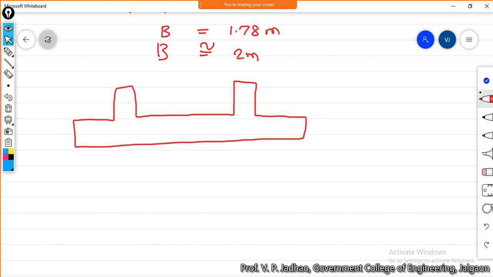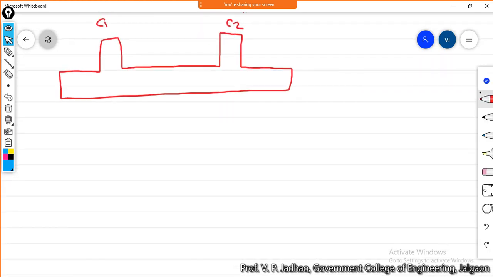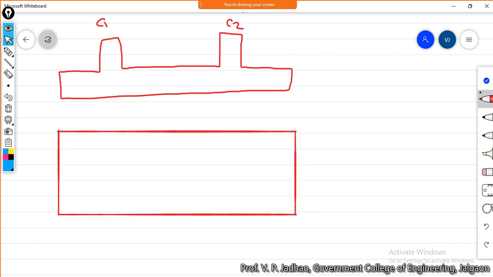So this is our C1, this is our C2, and in plan, it will be something like this.